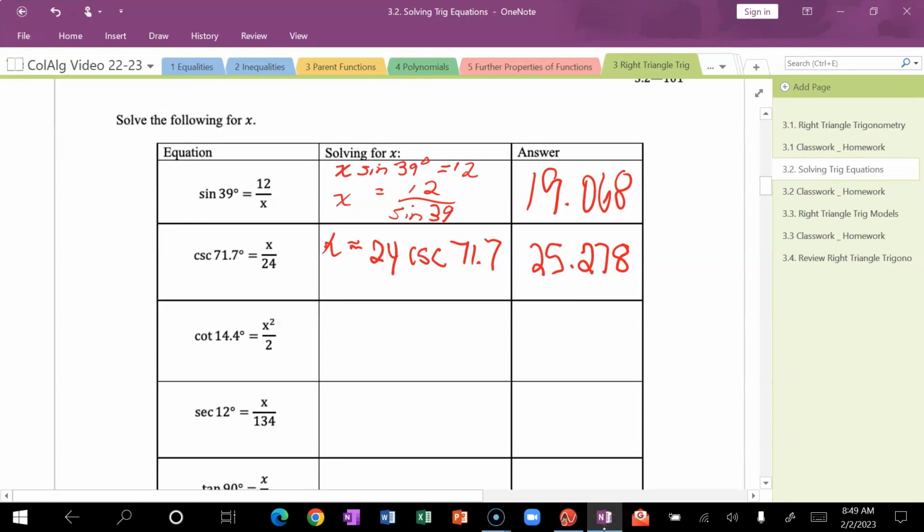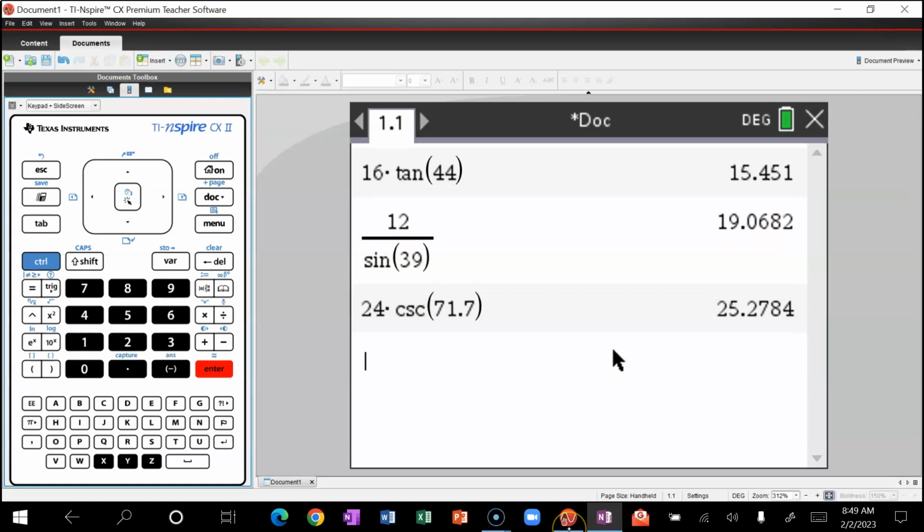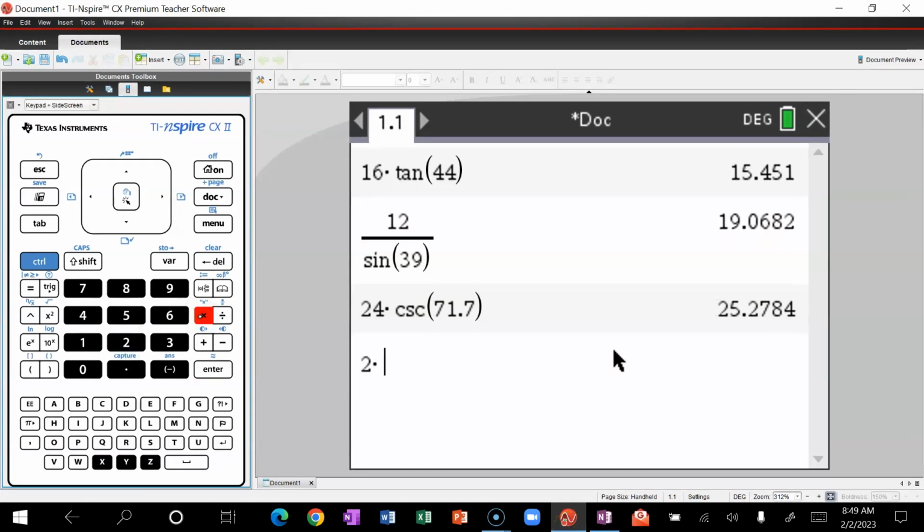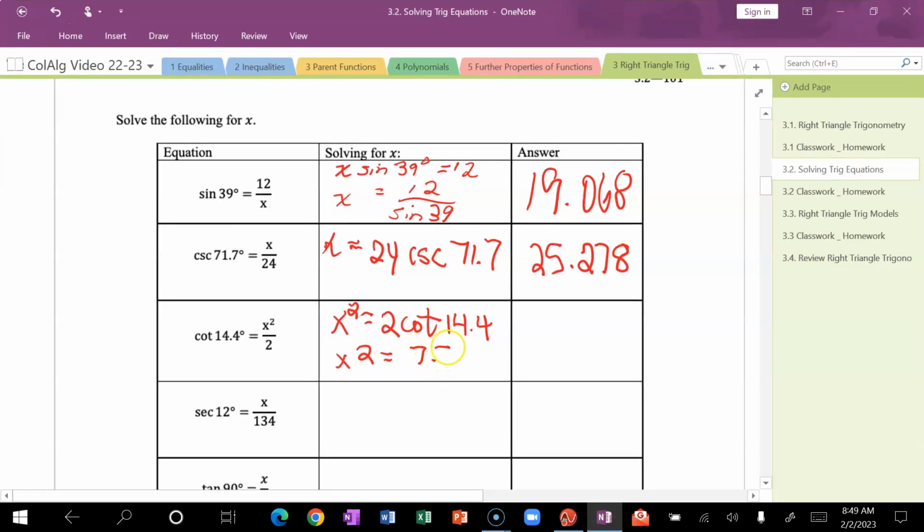X squared over 2 is equal to the cotangent of 14.4. I'm trying to solve for x, so x squared equals 2 times the cotangent of 14.4 degrees. So 2 times the cotangent of 14.4 is 7.789.